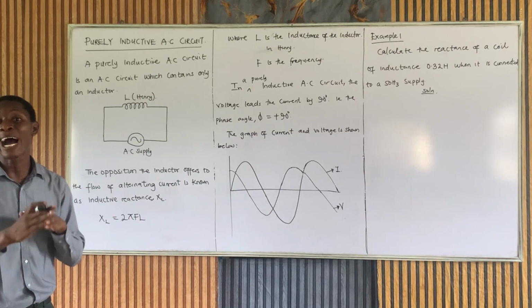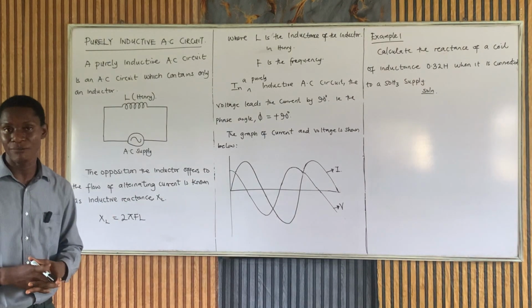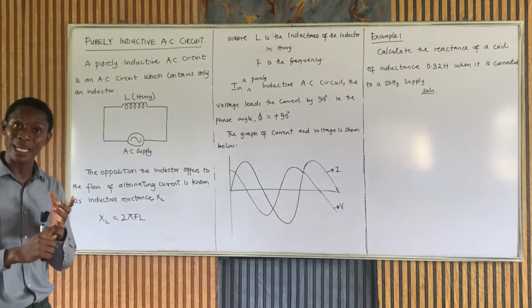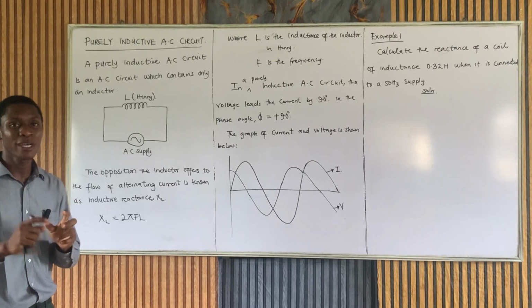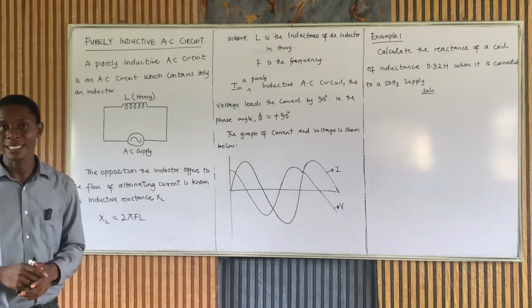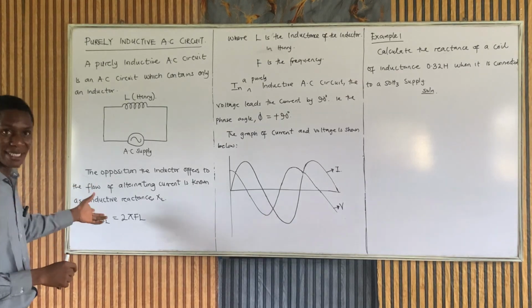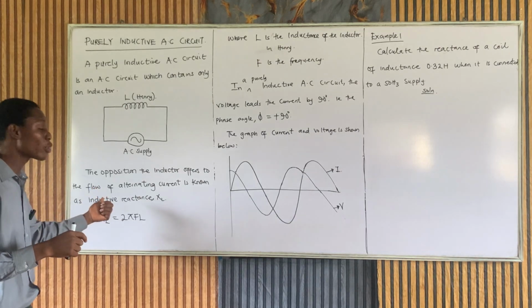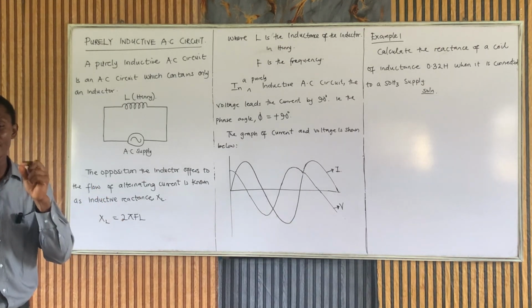All of these things are opposition to current flow. So the opposition to current flow due to a capacitor or due to an inductor is called reactance. So when we say capacitive reactance, it's because it's a capacitor. When we say an inductive reactance, it's because it's an inductor.